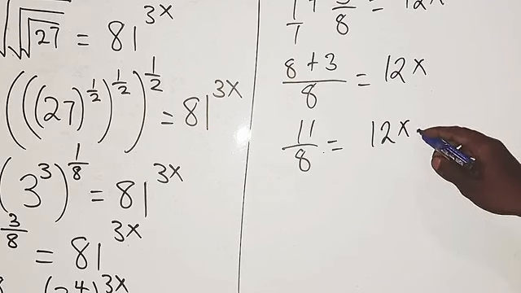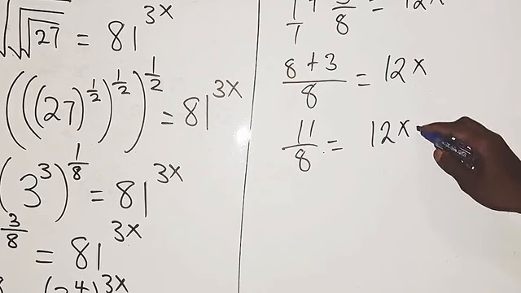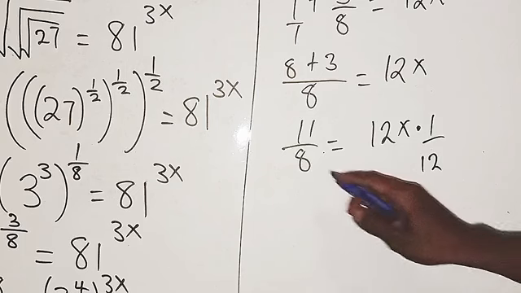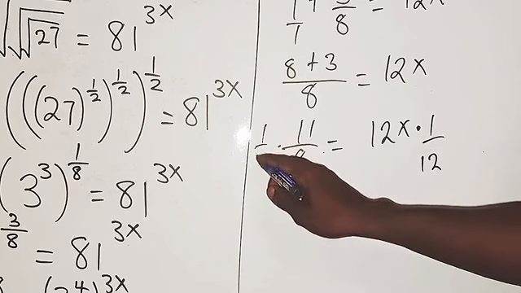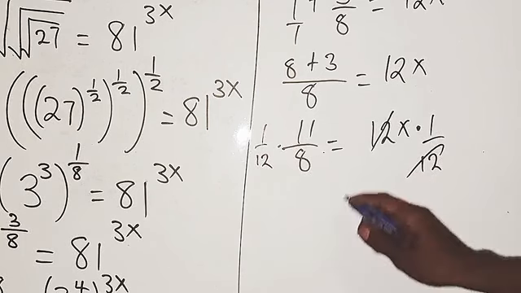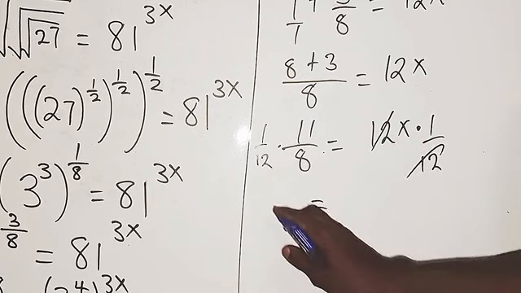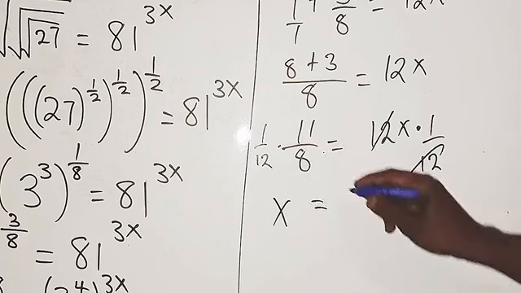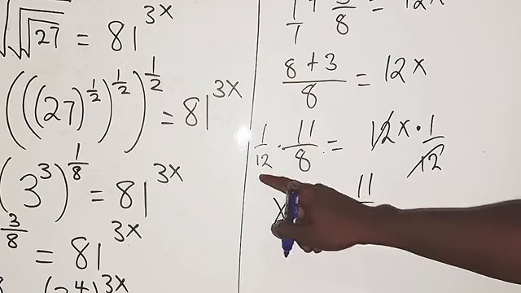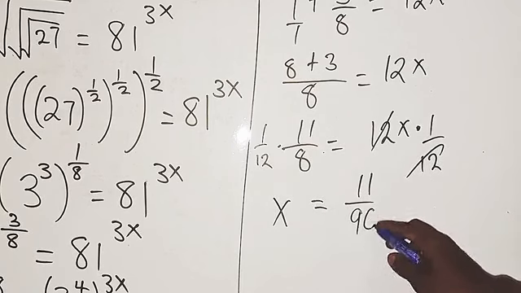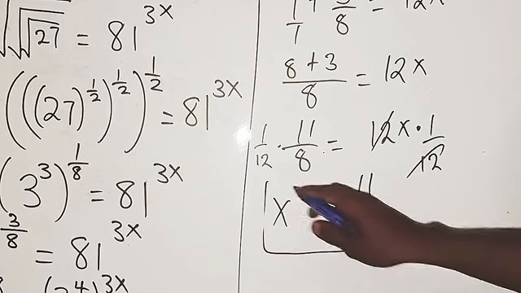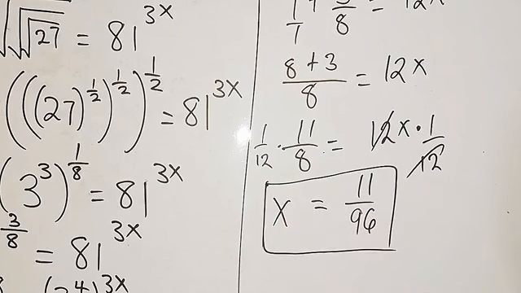Now if I multiply both sides by 1 over 12, you see that this 12 will cancel this 12. So we are left with x equals 1 times 11, we have 11. 12 times 8, we're going to have 96. So we have the solution to the problem to be 11 over 96. And that's the first method.